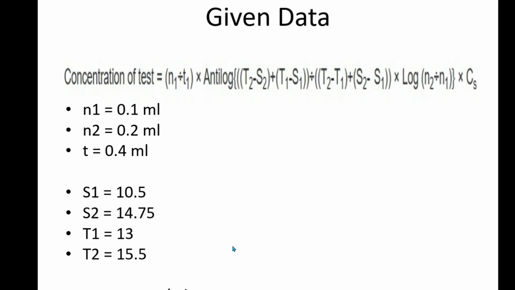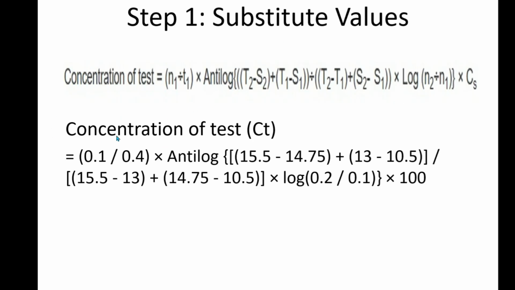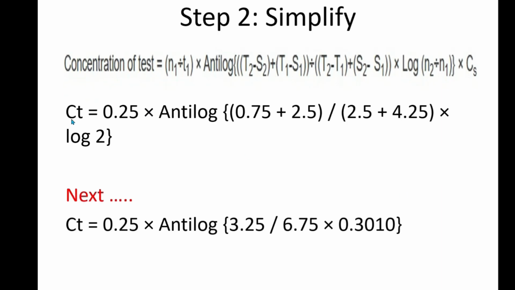Now we will put the data into the formula. Here we have put the acquired data into the formula. Now you can see CT is equal to 0.25 into antilog, and this is the calculation: 0.25 into antilog of 3.25 divided by 6.75 into 0.3010.